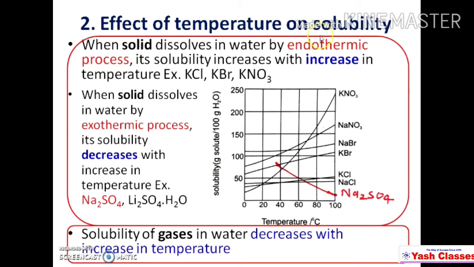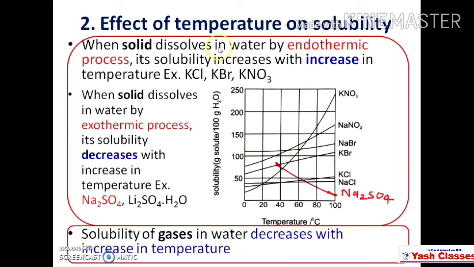Another factor is the effect of temperature on solubility. Temperature affects the solubility of solute in solvent. Two types of thermal effects are there, endothermic and exothermic. In the first case, when a solid dissolves in water by an endothermic process, that is, at the time of dissolution there is absorption of heat, heat needs to be supplied to the solution in order to dissolve the solute into the solvent.